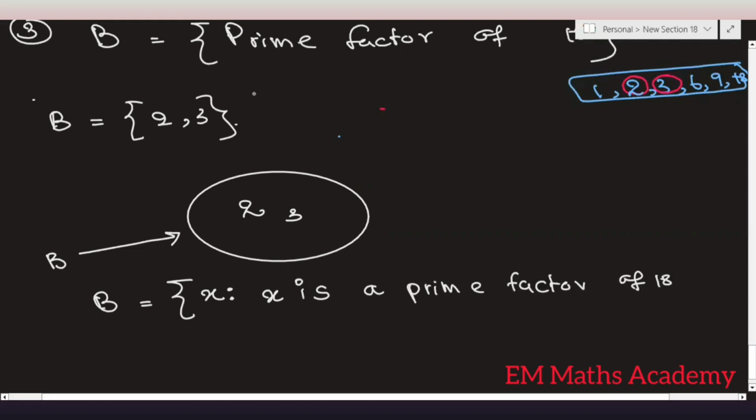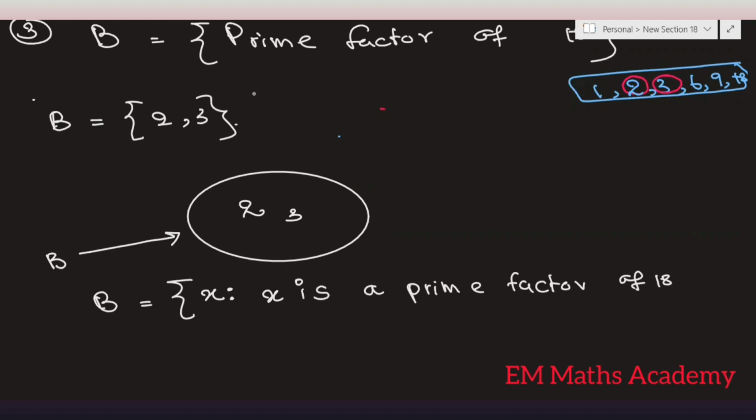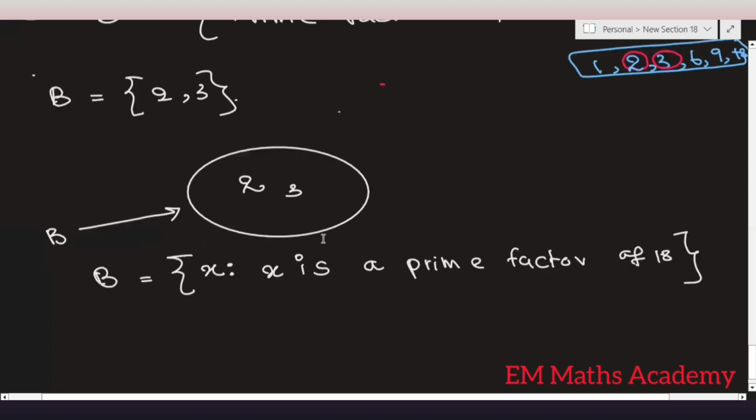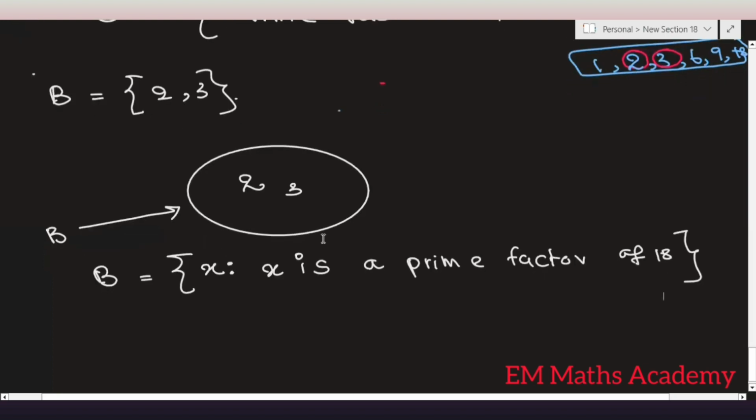Is there any limit? No limit. So we write X is a prime factor of 18. Then we know X represents 2 and 3 only.